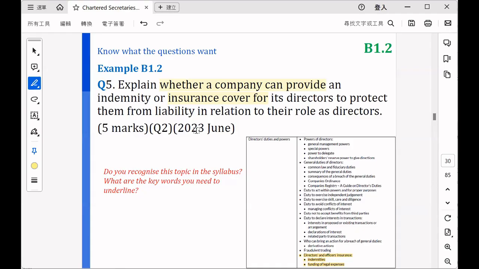So it is possible to buy insurance for them, but it's not possible to provide a direct exemption of liability.